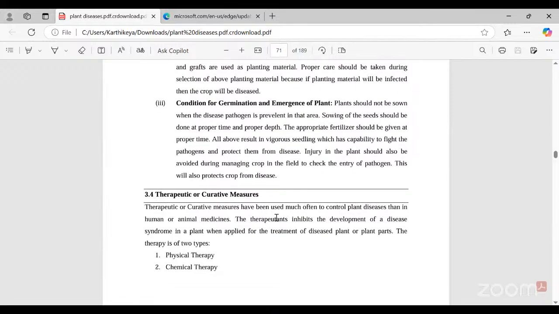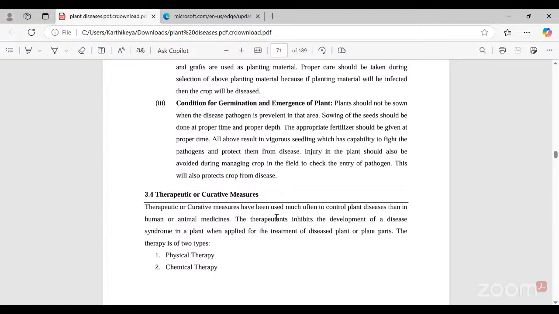Conditions for germination and emergence of the plant: plants should not be sown when the disease pathogen is prevalent in that area. Sowing of the seed should be done at proper time and proper depth. The appropriate fertilizer should be given at proper time.